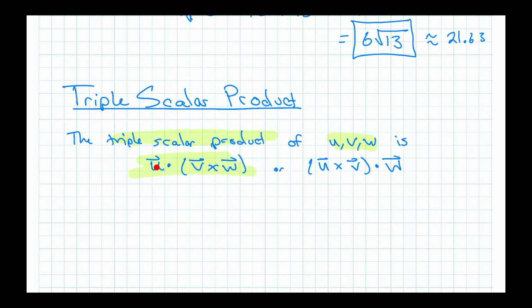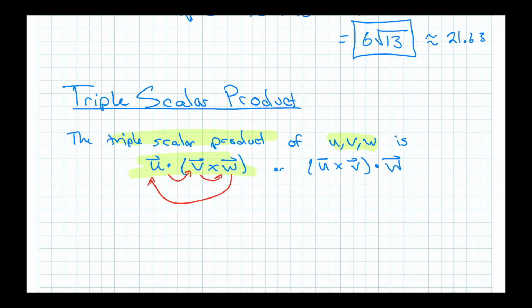So if you move the u over one spot, and then you move the v over one spot, and then the w went back to the beginning, that gives you this. And I think you can just keep doing that. So if you move them over one more time, you get something that's also the same quantity. But if you switched the order of two, then you actually change the sign, and that's bad.